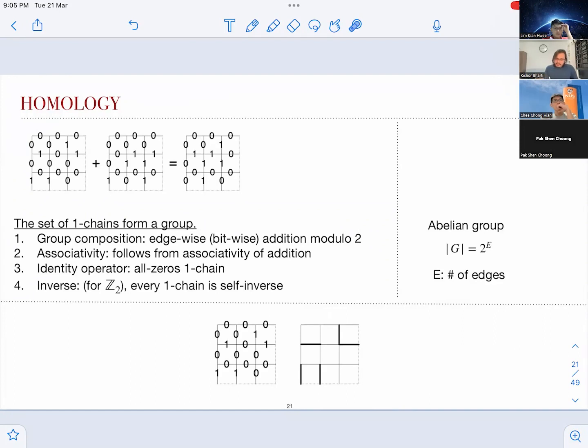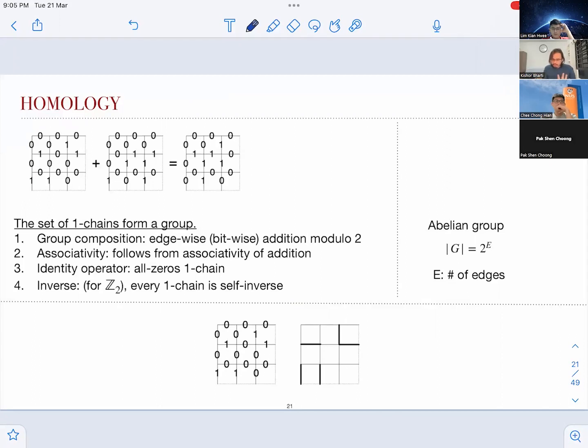And it forms a group, and the group composition is nothing but edge-wise addition modulo 2. You have associativity and an identity element. The inverse of a chain is just the same chain, because every one chain is self-inverse. You take a one chain and add the same chain to itself, and because 1 plus 1 is 0 and 0 plus 0 is 0, you will get 0.